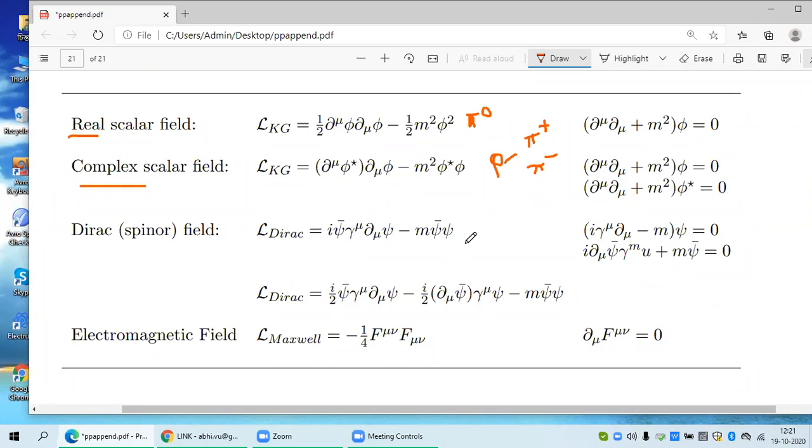So spin up and spin down quarks, and their spin up and spin down antiquarks, all these four entities are represented by the single Dirac field psi. So all quarks and leptons are represented by Dirac fields. Quarks and leptons are not represented by scalar fields. So in that sense, the scalar field does not represent any fundamental particles that constitute nature.